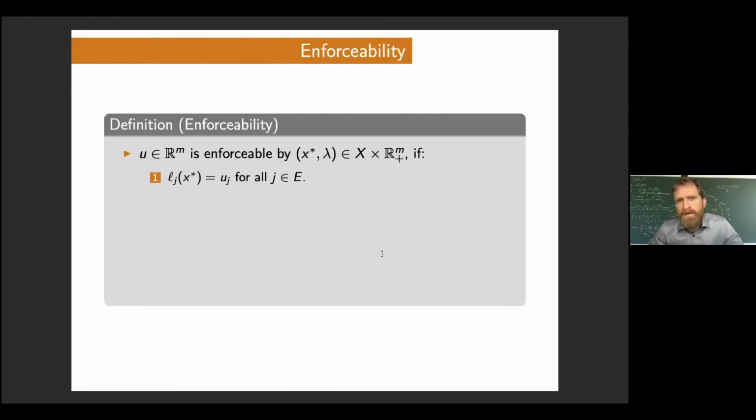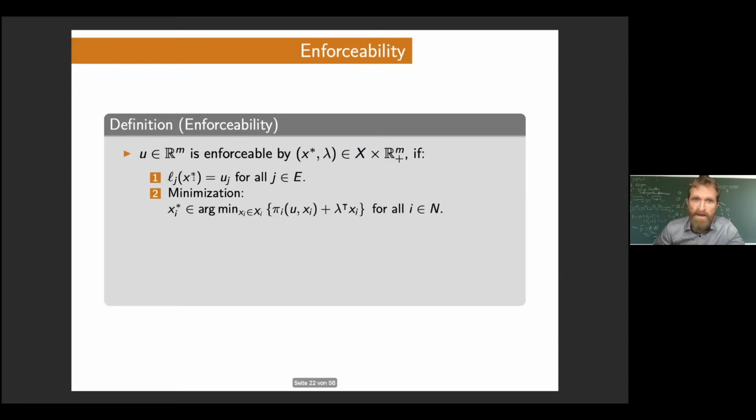Okay, I define this notion of enforceability. So this vector U that we use to parameterize the game is called enforceable by this tuple x star and price lambda if and only if U is realized as load by this x star, and x_i star is in fact an equilibrium for every player.